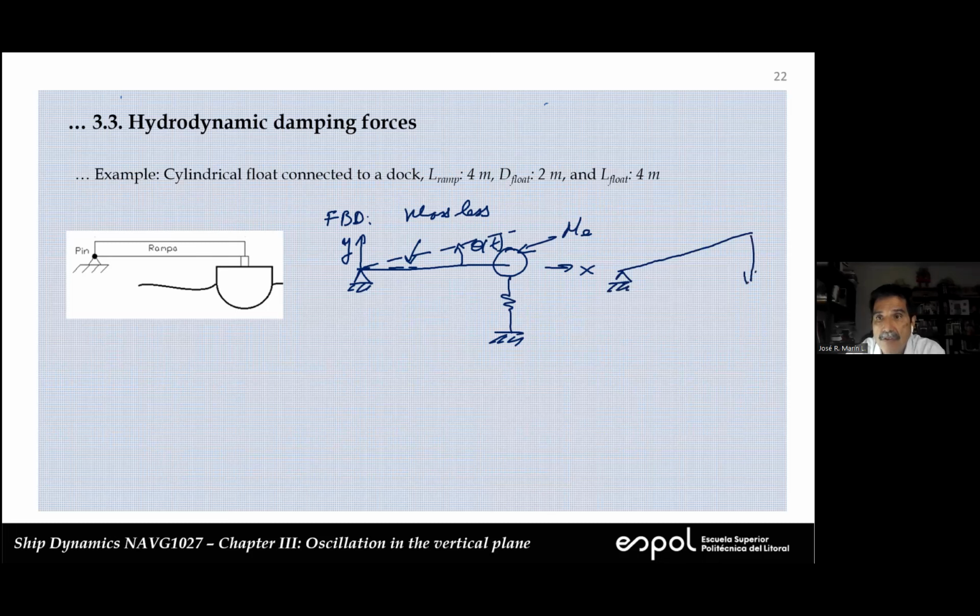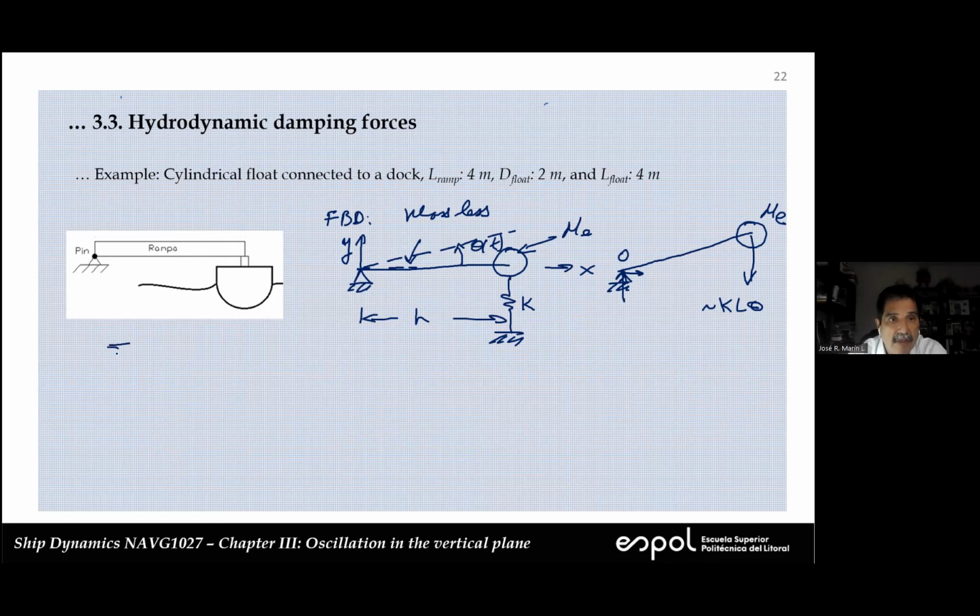You're going to have a force downward, and this force is going to be K times L theta, approximately, for small angles. And this is the effective mass, and this is a point O. We have two forces here, but if we take moments with respect to O, we are not going to have any problem with that.